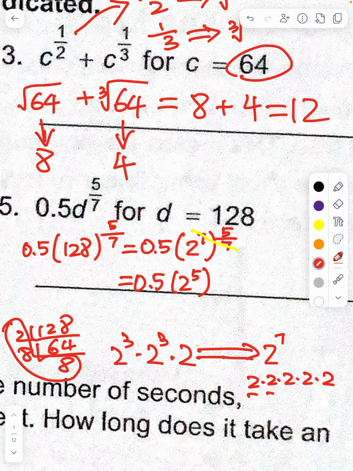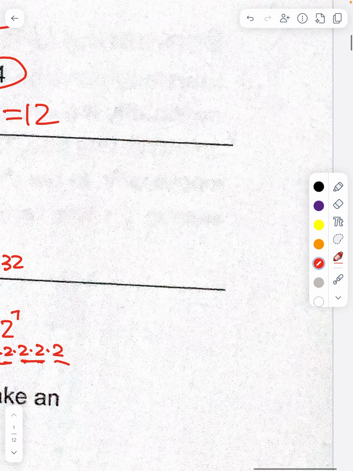So 1, 2, 3, 4, 5. This is 32. Yeah? This 16 times 2, 32. Yeah, so 0.5 times 32, which is half of 32, which is 16, right? Okay, next one.